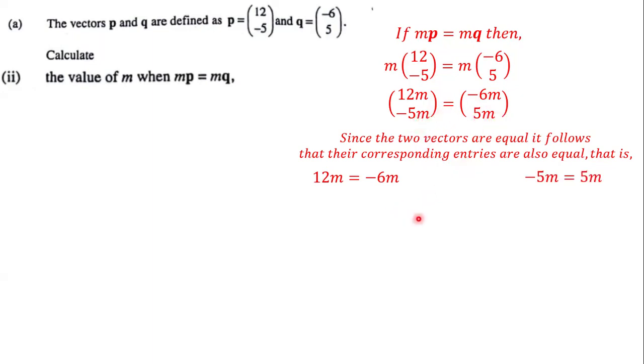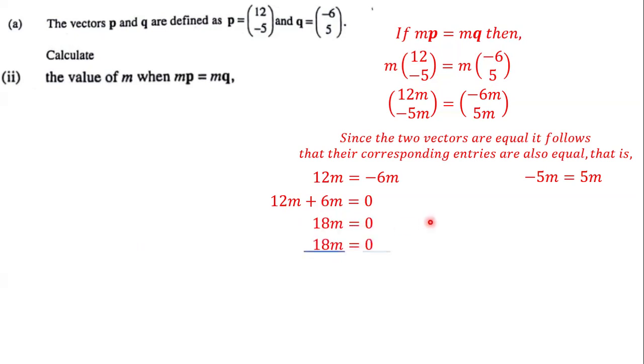And so what we can do is take this -6M and send it over the equal sign. It was a negative, but when we send it over, it becomes a positive. So we have 12M plus 6M is equal to 0. 12 plus 6 is equal to 18. So we have 18M is equal to 0.